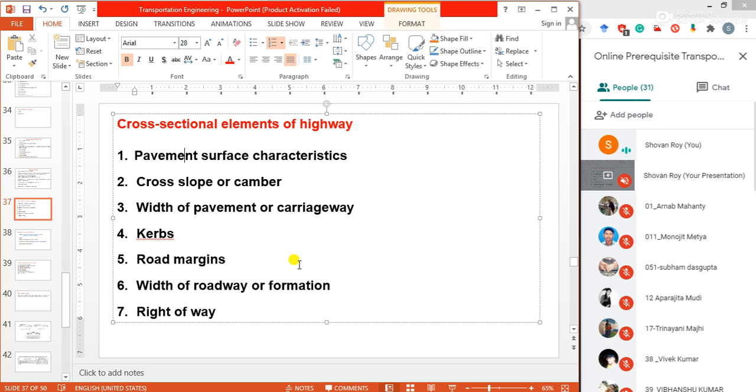The important surface characteristics of the pavement are the friction, unevenness, light reflecting characteristics and drainage of surface water.